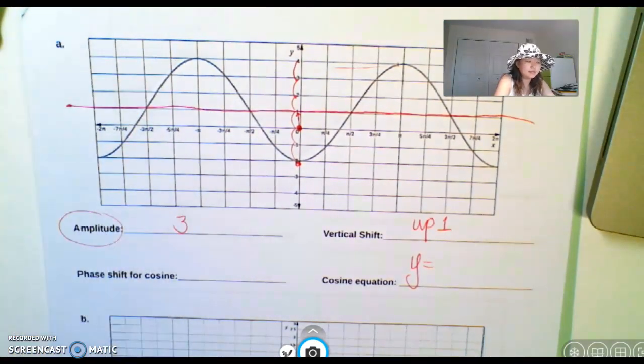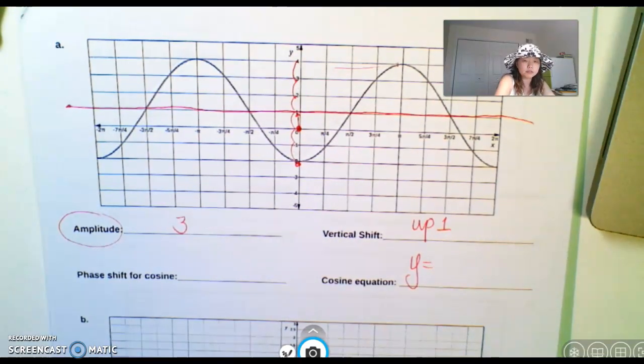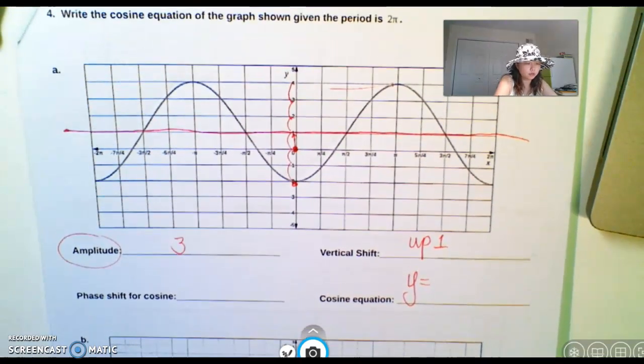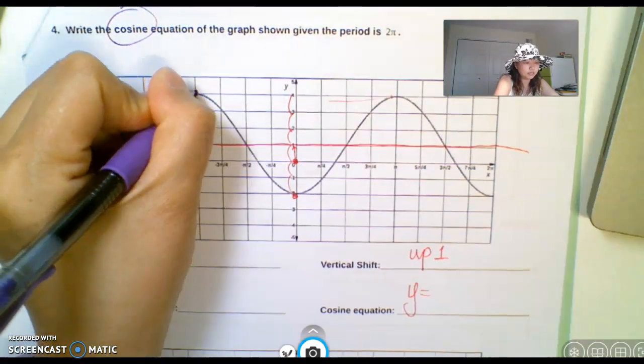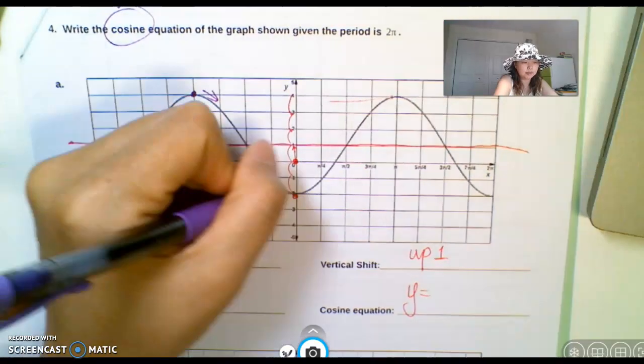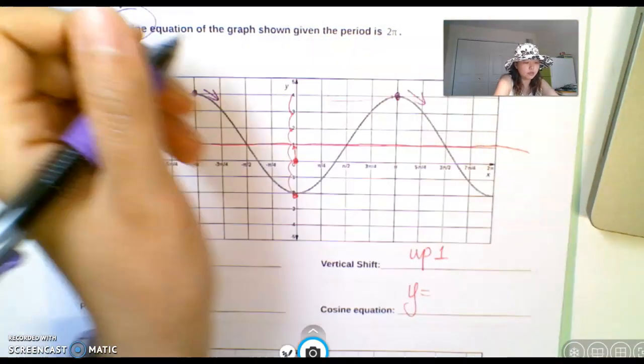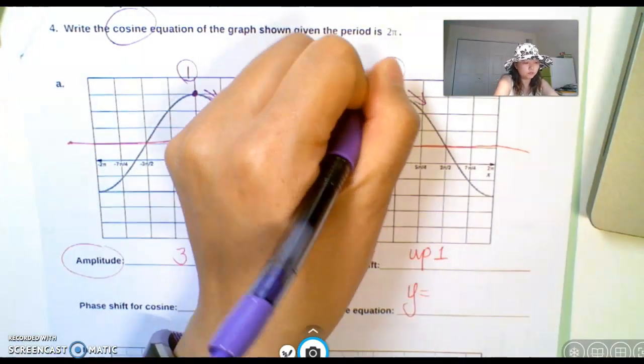Then you have to think, okay, first of all, this is cosine. How does cosine look? Cosine starts at the peak and goes down, like a mountain. You can think about it one of two ways.